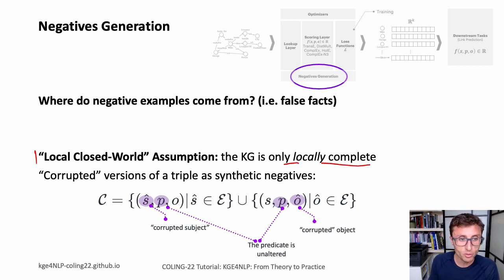And this is exactly what we do. We create corrupted versions of triples, and we use them as synthetic negatives. So we define the set C of corrupted triples that include a corrupted subject S hat, and or triples with a corrupted object O hat. Now note that the predicate is always unaltered. We never change it. We either change the object or the subject.